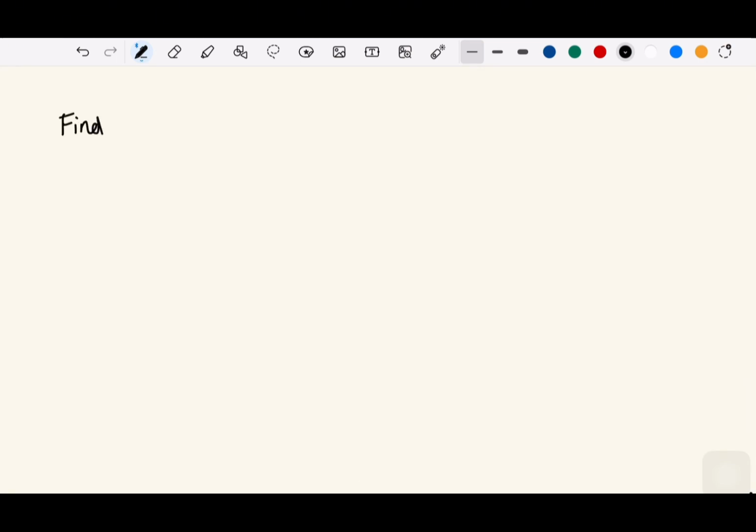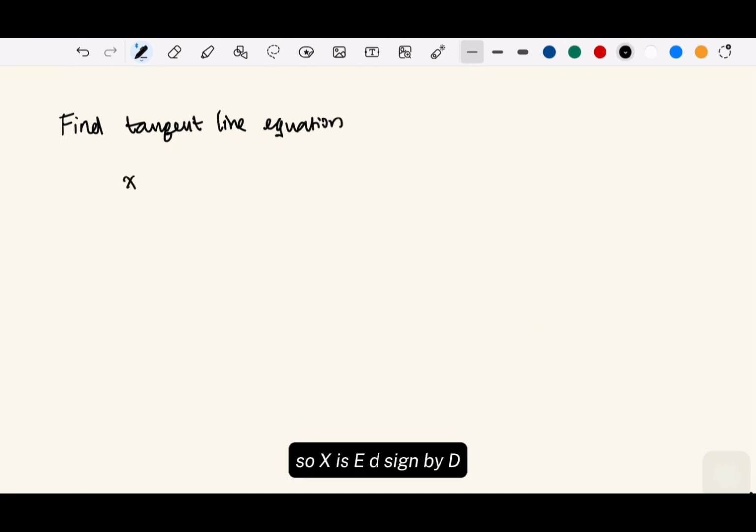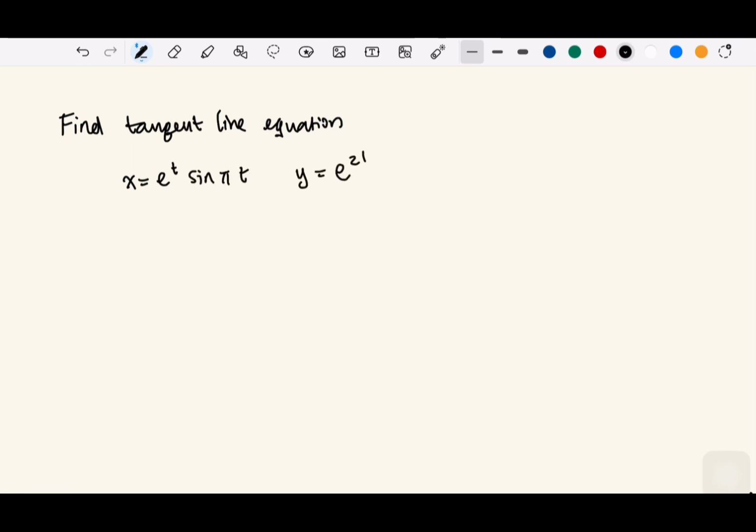Find the tangent line equation. So x is e^t sine pi t at t equals 0.